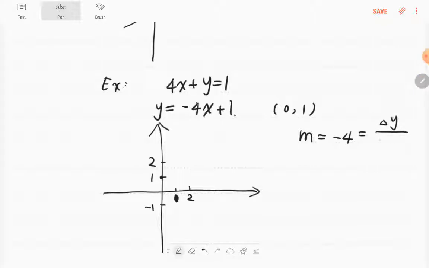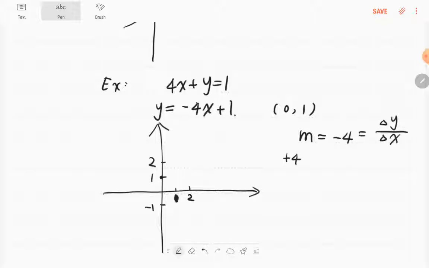Delta y divided by delta x. So if we add 4 units to y, that's 1 to 5.